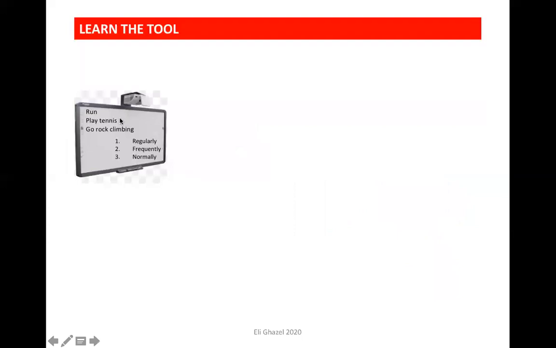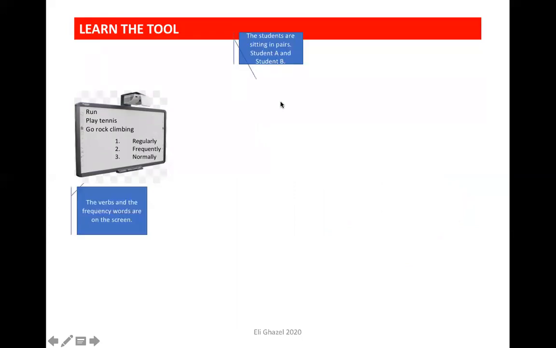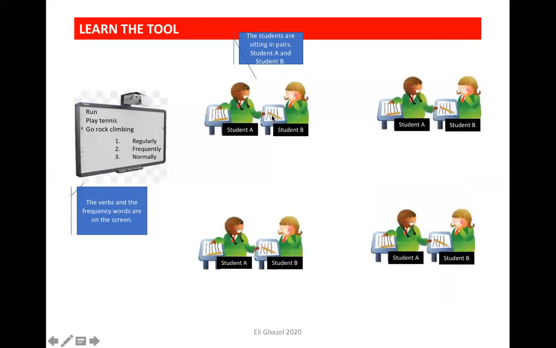I didn't put all the words here because I wanted it to be visible to you. So let's put the verbs and the frequency words here. The students are sitting in pairs as in student A and B. Now, please note that preferably the books are closed because we don't want the students to read off the books. But if you want them to peek into the books to get some reminders of the words, that's fine.